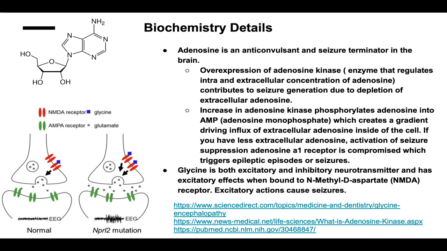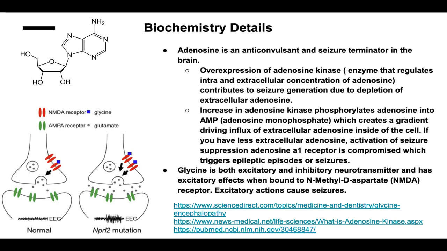So, adenosine is an anticonvulsant and seizure terminator in the brain, and overexpression of the adenosine kinase. Adenosine kinase is an enzyme that regulates intracellular and extracellular concentration of adenosine. So, overexpression of adenosine kinase contributes to seizure generation due to depletion of extracellular adenosine.